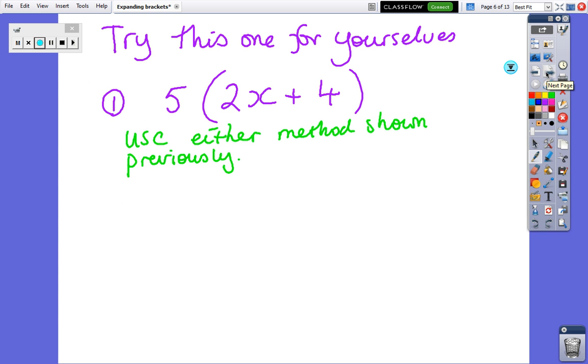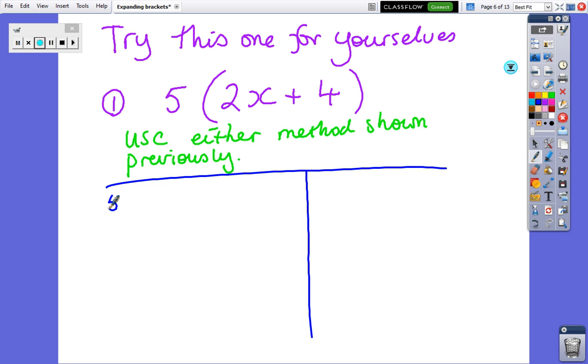So I want you to try this one for yourself, and you can use either of the methods, and I'll do both answers eventually. So pause, have a go, and when you're ready, come back live. Okay, so 5 times (2x plus 4) equals 5 times 2x plus 5 times 4, and eventually you can do that in your head.